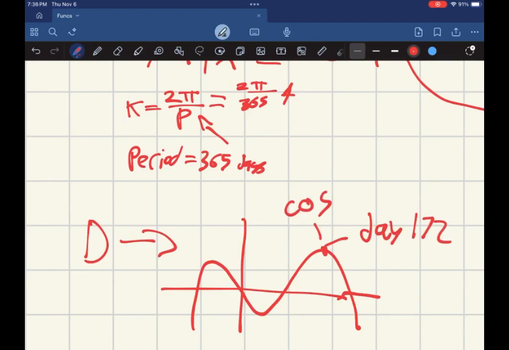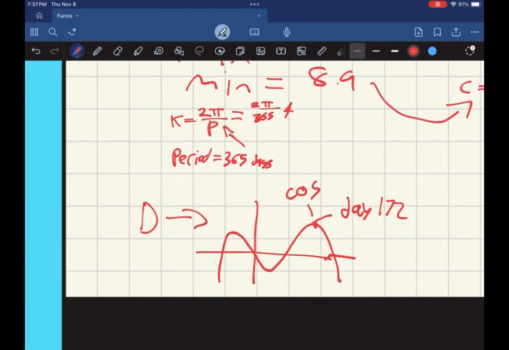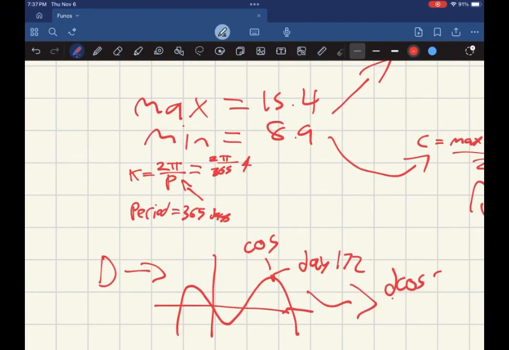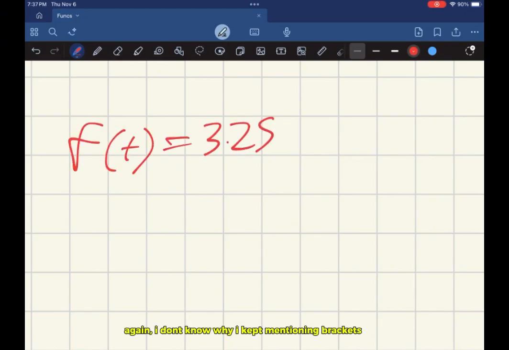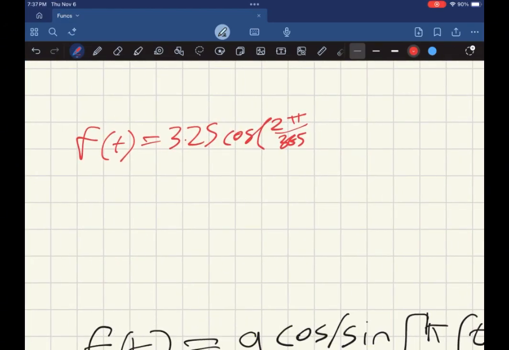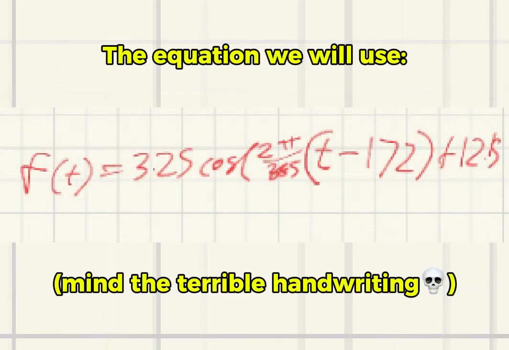We'll just use 172 as our d value. Our final equation will be f(t) = 3.25 cos(2 pi / 365 (t - 172)) + 12.15. This will be our equation, which we will use to predict the daylight on February 23rd.